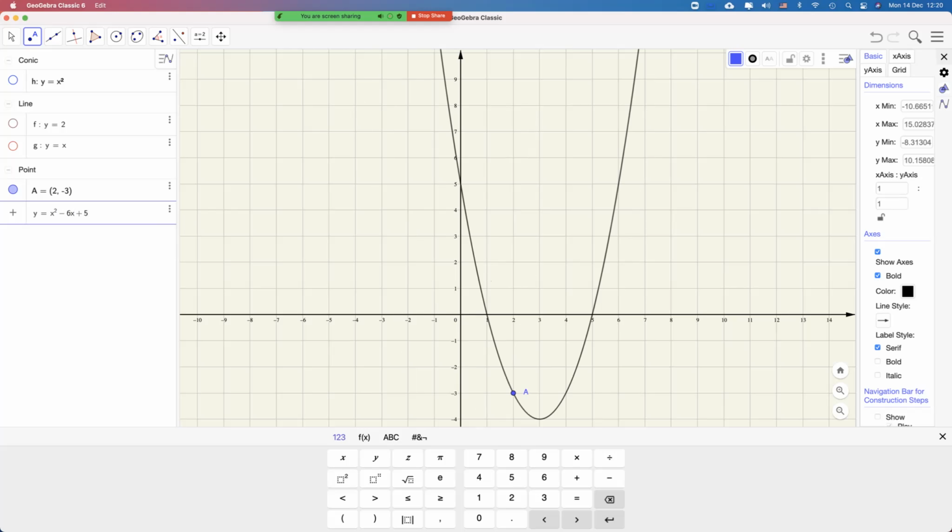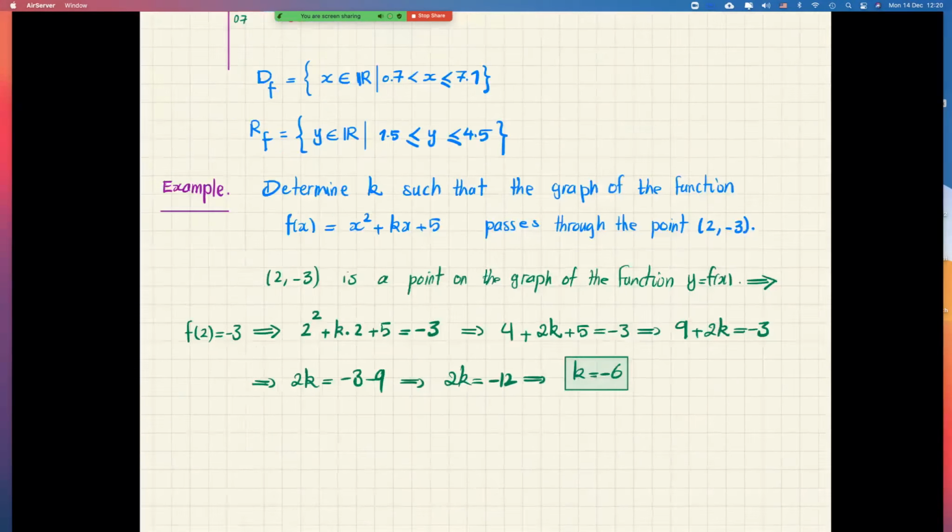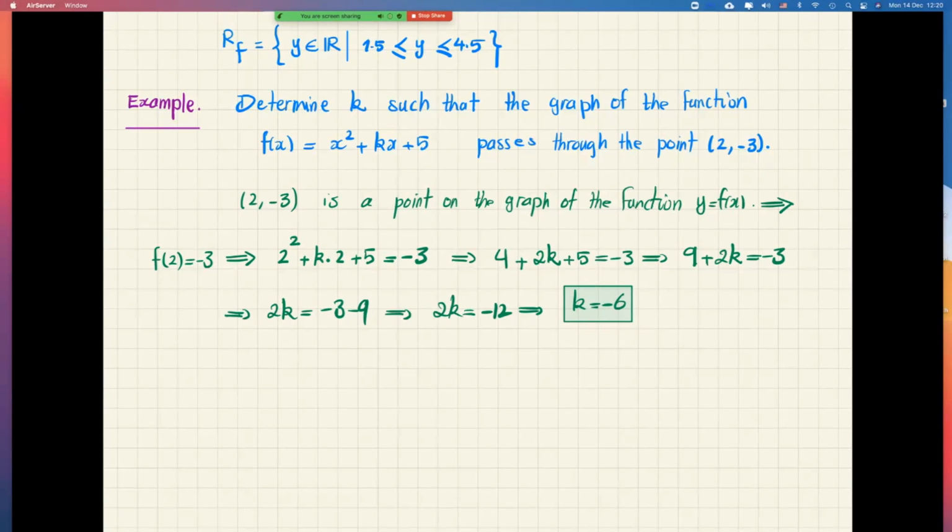No? Okay, let me give you another example of this analytic type. Example.